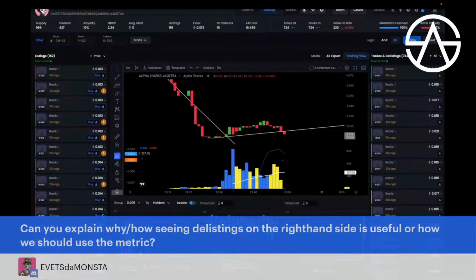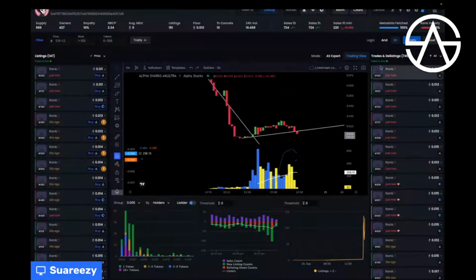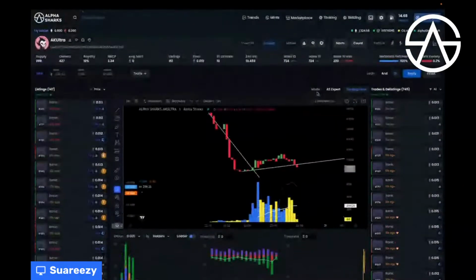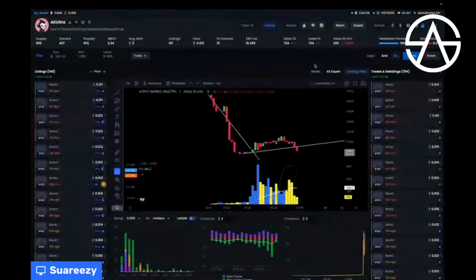Can you explain why or how seeing delistings on the right hand side is useful, or how we should be using the metric? Yeah, for sure. So you're asking how to use delistings and how that would be a useful metric.